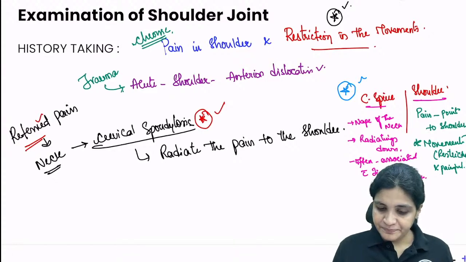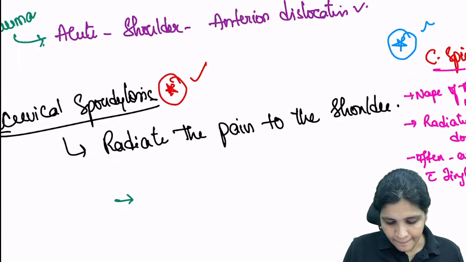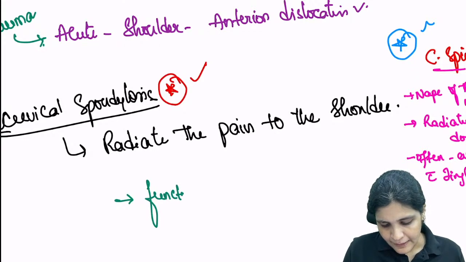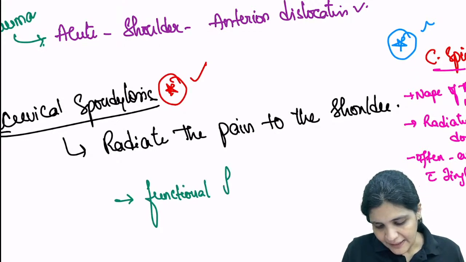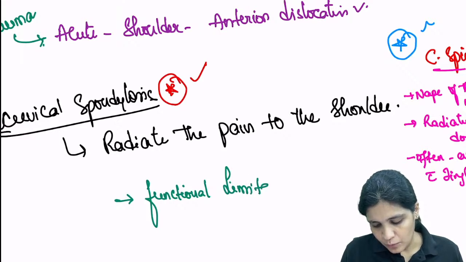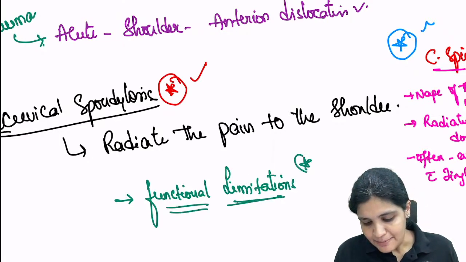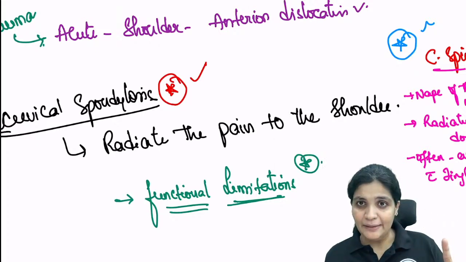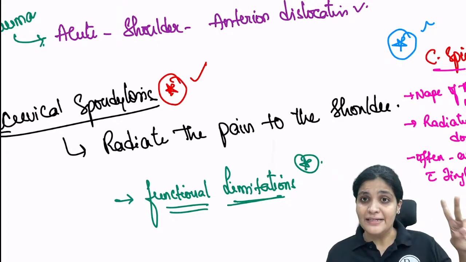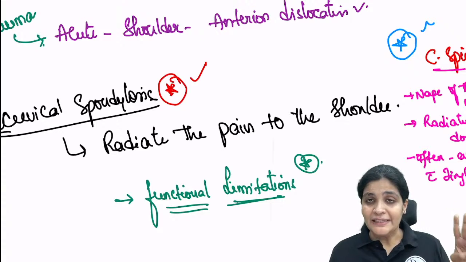Anytime you're talking about orthopedic cases, always remember that the functional limitation plays a very important role. So you have to always ask them what their actual symptom is, whether it is a pain which is bothering them, or some restricted movements, or the functional limitation.